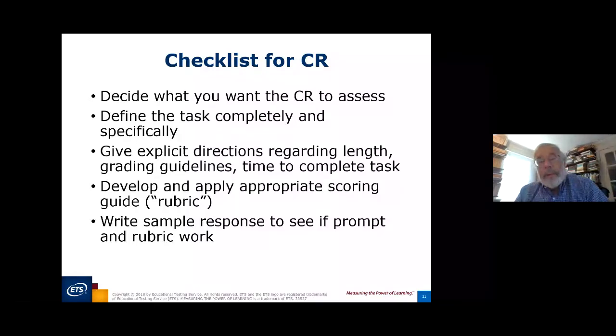You need to develop one and apply it appropriately. And then we ask our test developers to see if they can answer the question themselves. Can they do it? Before you ask someone to rewire something as a test, make sure you know how you would do it yourself and that it can be done. It's very easy to ask a question that turns out to be hard to answer.